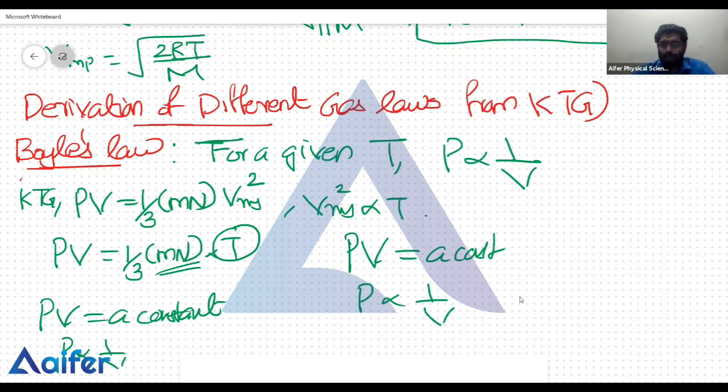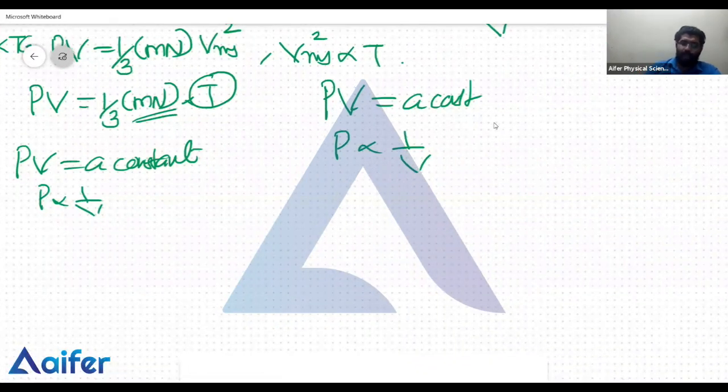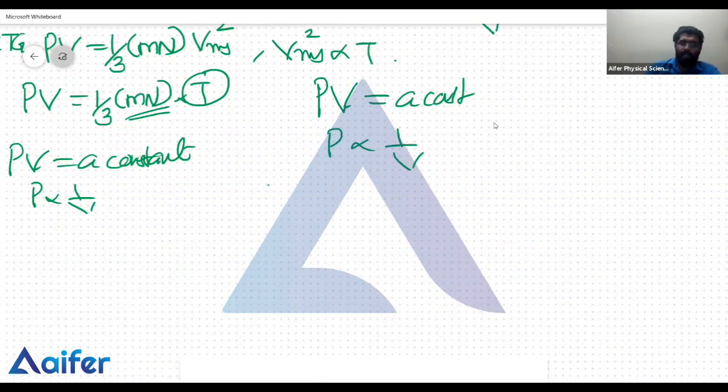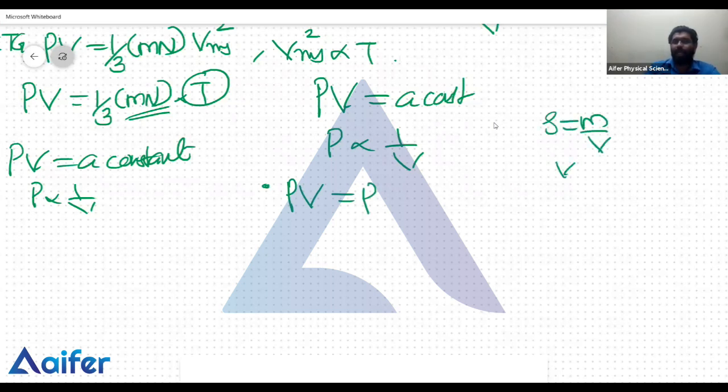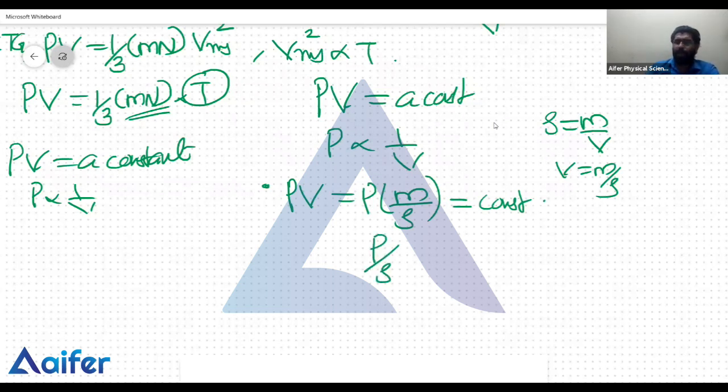Okay. So we can discuss more about it. I could write my PV in terms of density: density is mass by volume, so volume will be mass by density. So this is nothing but M by density, and PV equal to a constant. M is already a constant mass. Therefore, P by rho equal to constant.